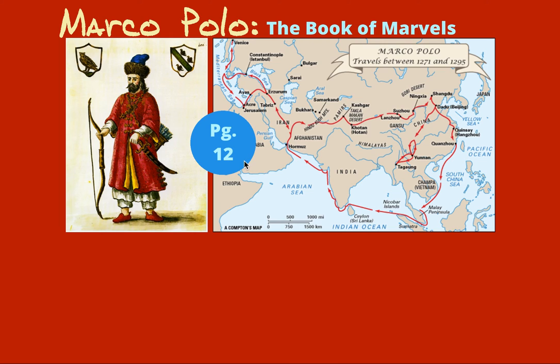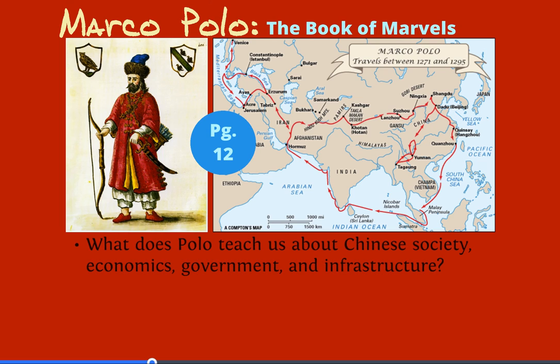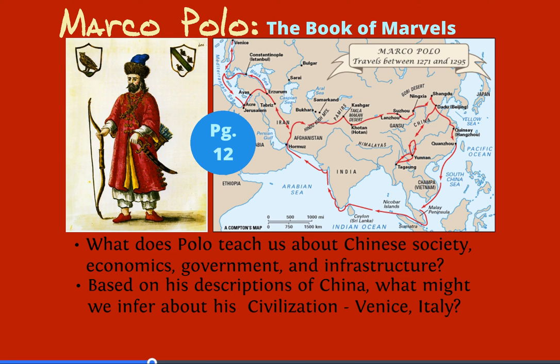So as you're reading this account, there's some questions at the end to answer, but you want to think about, what does Marco Polo teach us about Chinese society, economics, government, infrastructure? So what do we know about China on the Silk Roads as a result of his account? Based on the descriptions that he gives us of Chinese civilizations, what can we infer about his civilization?